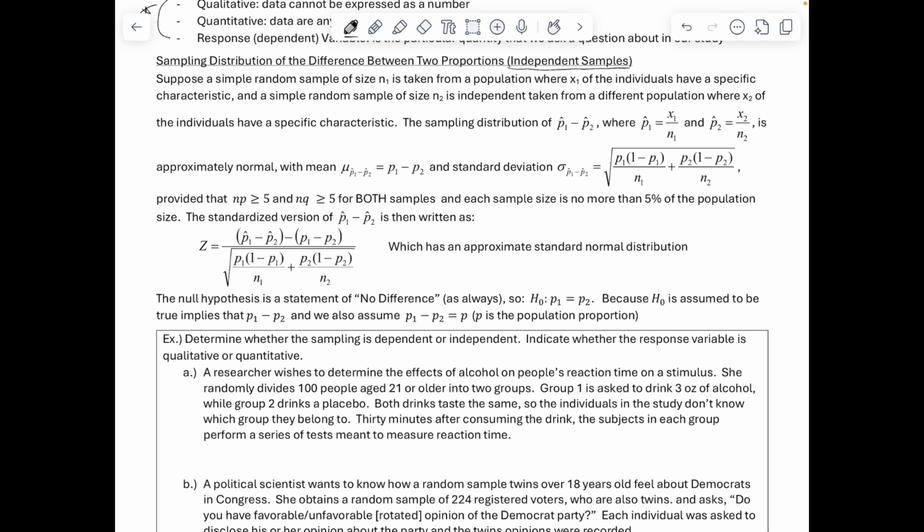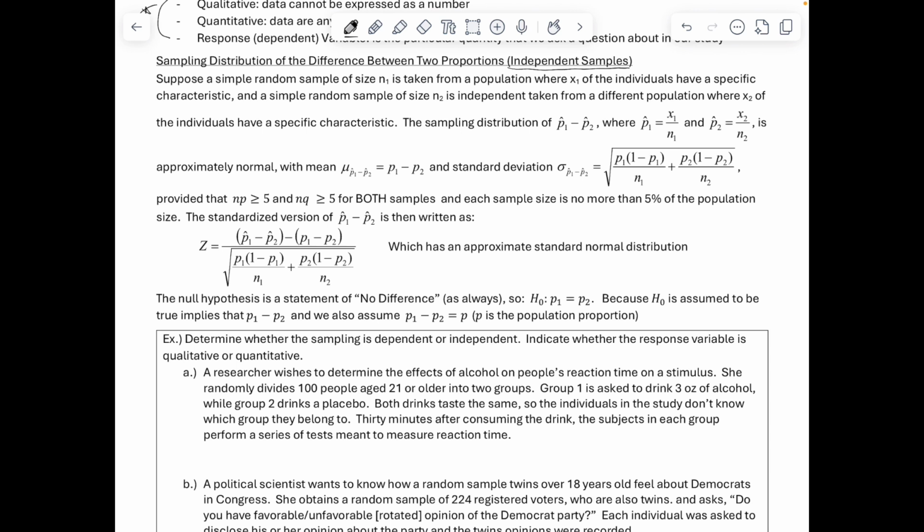is approximately normal with a mean, and you'll notice that difference in there, and a standard deviation given by the square root of p times (1 minus p) divided by n for each of those two cases, added together and then taking the square root, provided that n times p and n times q are both greater than or equal to 5 for both samples, and each sample size is no more than 5% of the population size.